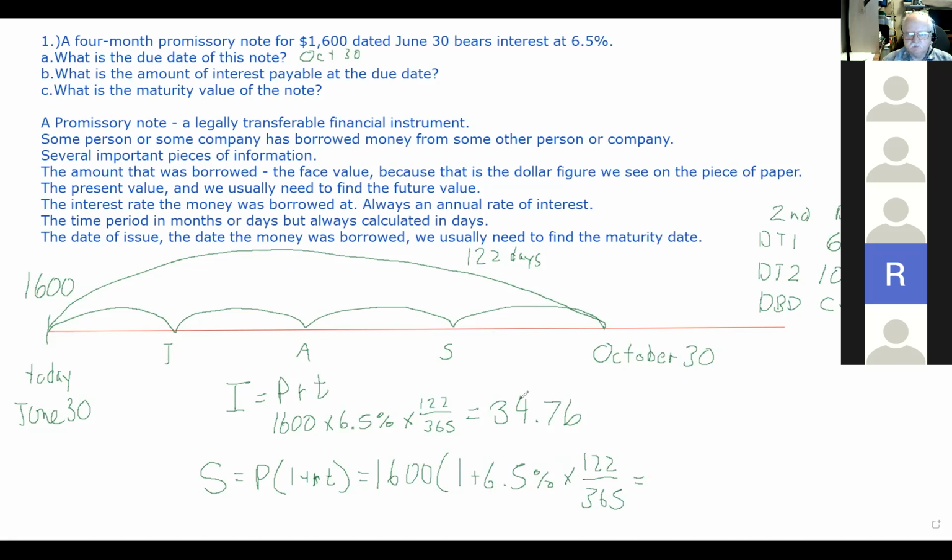Or the other way would be just to use S equals principal plus interest. So 1,600 plus 34.76. So we're getting 1,634.76 here, and we get the same thing here.